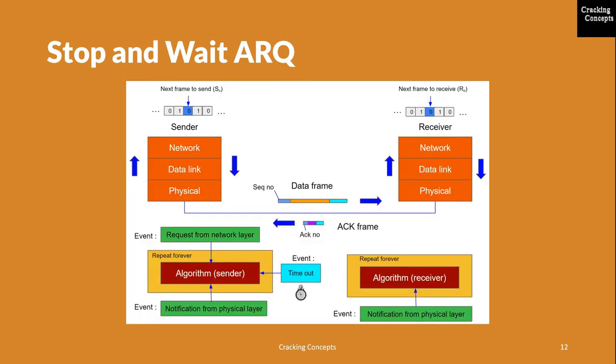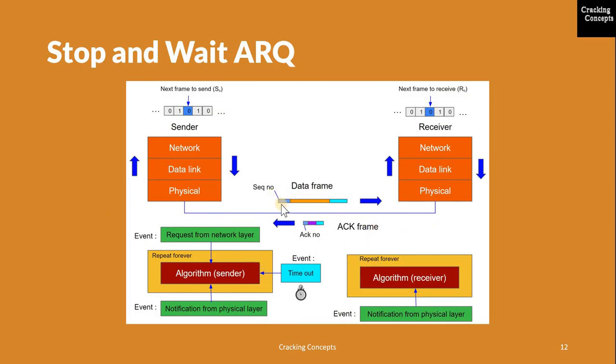This diagram shows the design of the stop and wait ARQ protocol. Now these are the frames to be sent, and these will mark the frames that are to be received. Here we have the data frames sent from the sender to the receiver and acknowledgements from receiver to the sender.